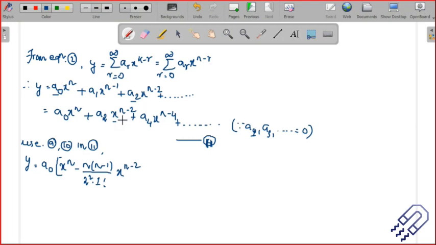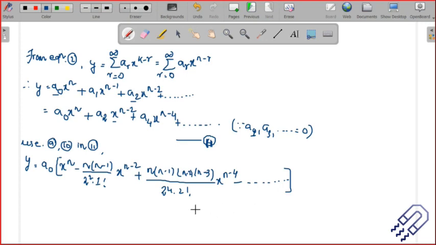We should not miss this. Very important. Plus the fourth, a4, let's write that also: n minus 1, n minus 2, we also got n minus 3, divided by 2 to the power 4 into 2 factorial into x to the power n minus 4, minus, and then so on. Alternate plus and minus will keep on continuing.